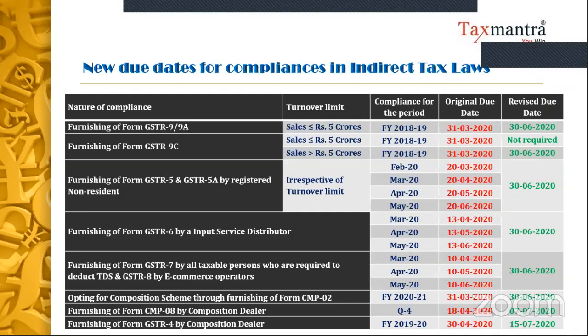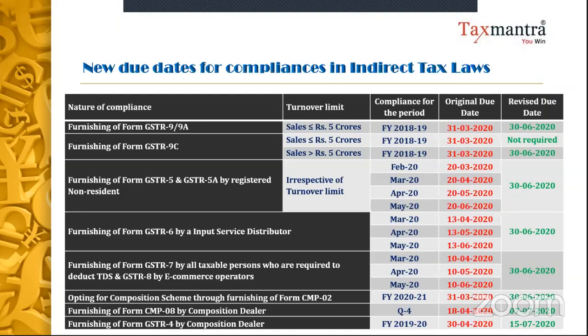It is not mandatory because the turnover is less than 5 crore. But in case of turnover above the 5 crore limit for the financial year 18-19, Form GSTR 9C should be furnished on or before 30th of June. Earlier, it was 31st of March.